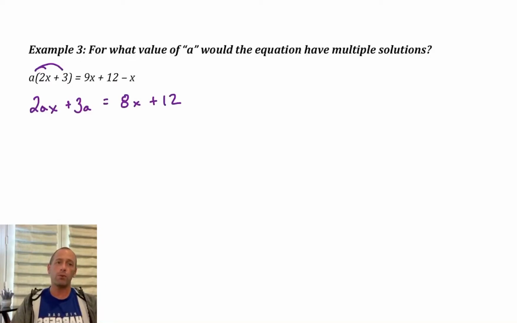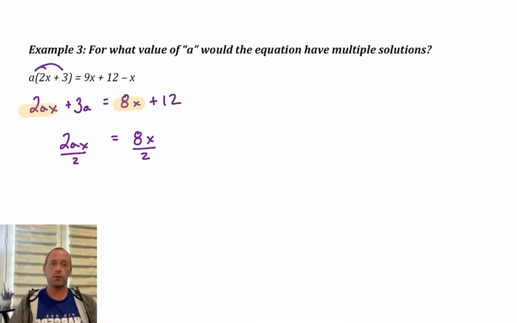If we have multiple solutions, it means the coefficient in front of the variable on each side has to be the same, and the constant has to be the same. So 2ax and 8x will have to be the same. So let's set them equal and solve for a. 2ax equals 8x, or divide both sides by 2 to get ax equals 4x.